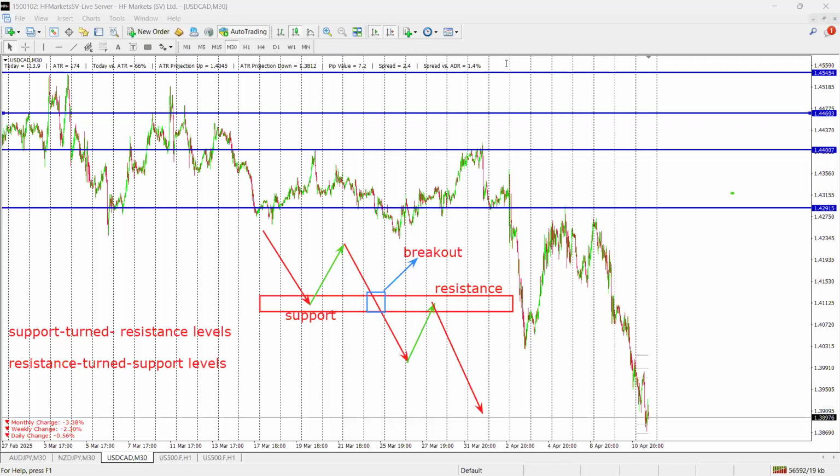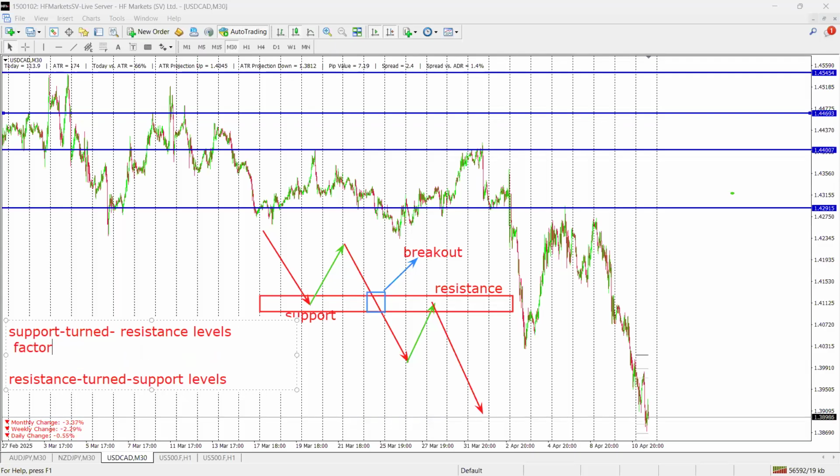Now, you see, support turned resistance is majorly caused by breakout. And also, a resistance that turned support is also caused by breakouts.